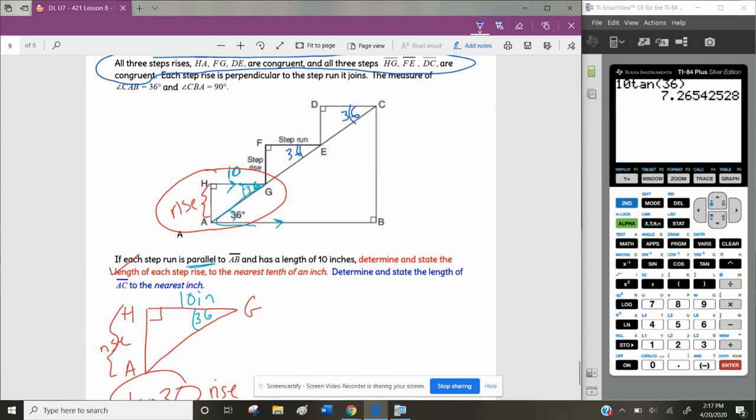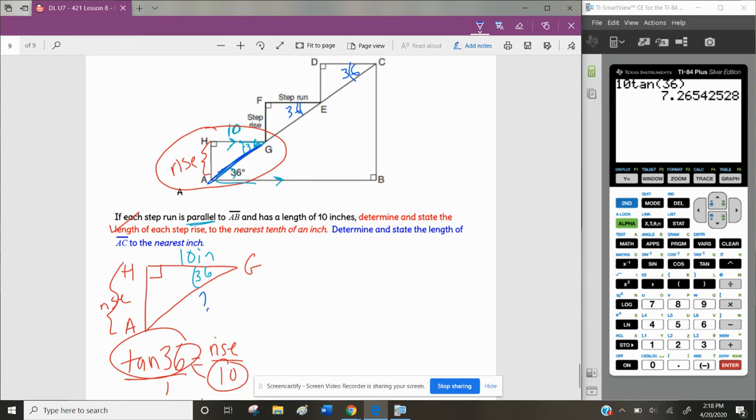So if I could find how long AG is, and if I multiply that by 3, then I get AC. So there's my plan. AC equals 3 times AG, because I know all three of these little pieces here are equal, right? These triangles are equal.